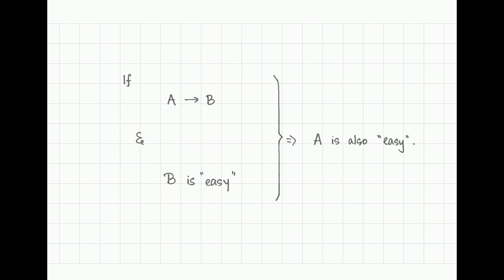We've said this quite a few times by now: if you can reduce A to B and B is easy, then A is also easy. In the classical world, our notion of easy has been problems admitting a polynomial time algorithm. In the parameterized world, our notion of easy has been FPT.